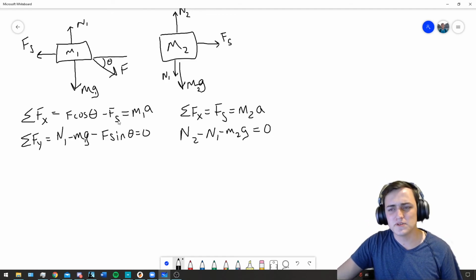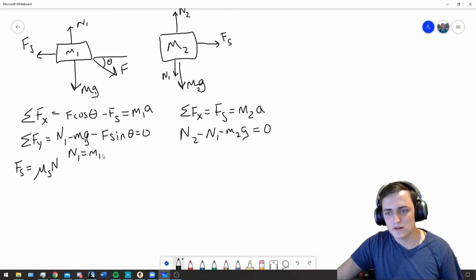Well, one thing we know is the force of friction, Fs. We know that the force of static friction is mu sub s times N. So, well, let's look at our y expression. We have N1 is equal to m1g plus F sine theta. And we can plug that in there.